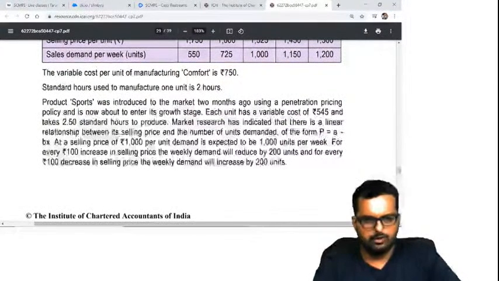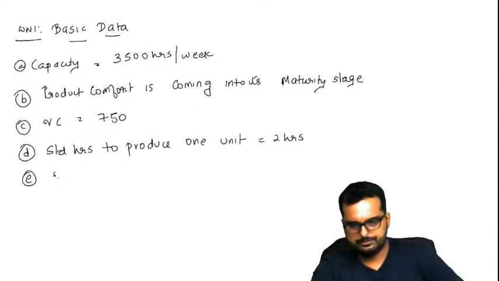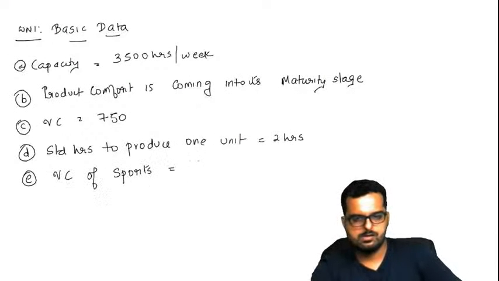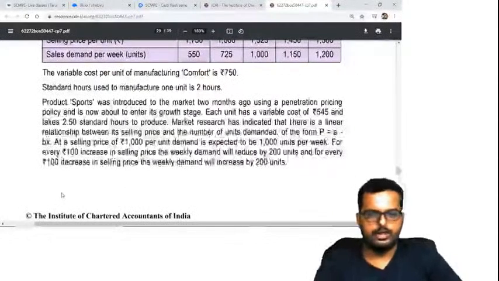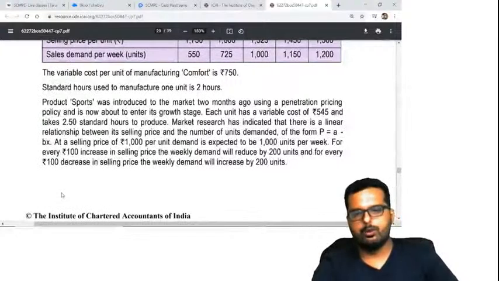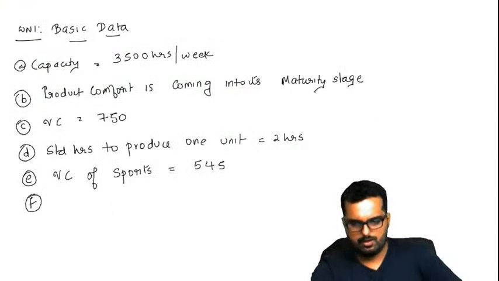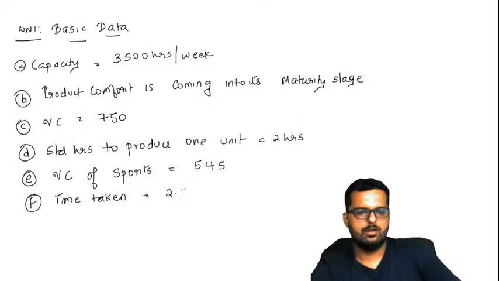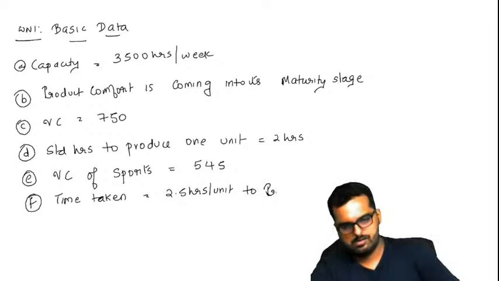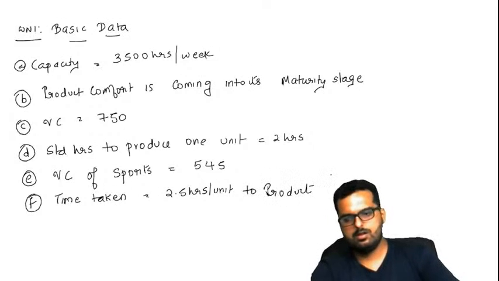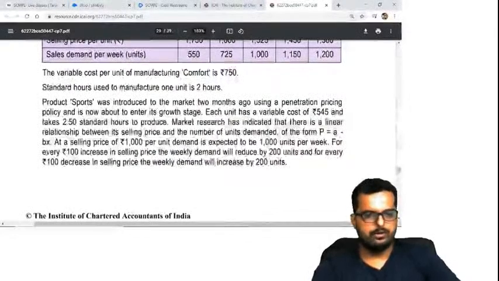Each unit has a variable cost of $545 and it takes 2.5 hours to produce.